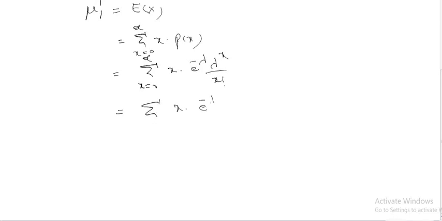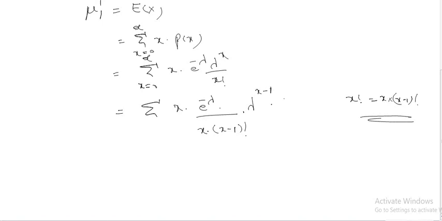Now this x factorial is split into x into x minus 1 factorial. So take the first x, and the remaining is x minus 1 factorial. Here also you write lambda power x minus 1 into lambda. This x gets cancelled. E to the power of minus lambda, lambda power x minus 1 by x minus 1 factorial into lambda. When you split this, x becomes 1 to infinity, not 0 to infinity.